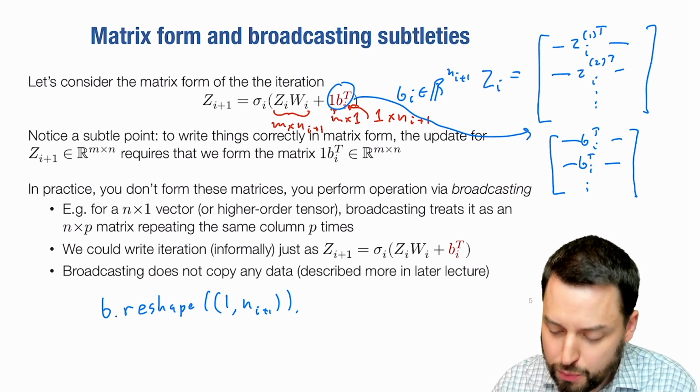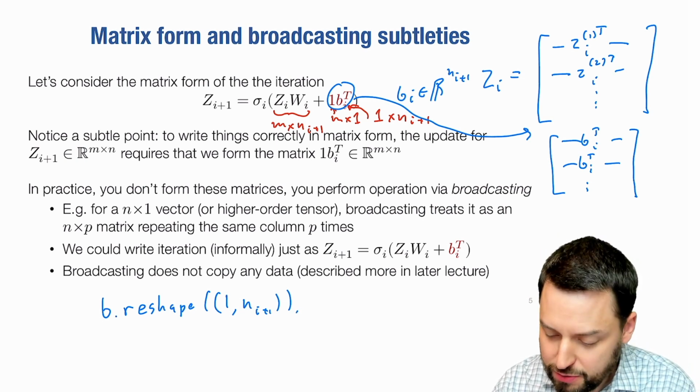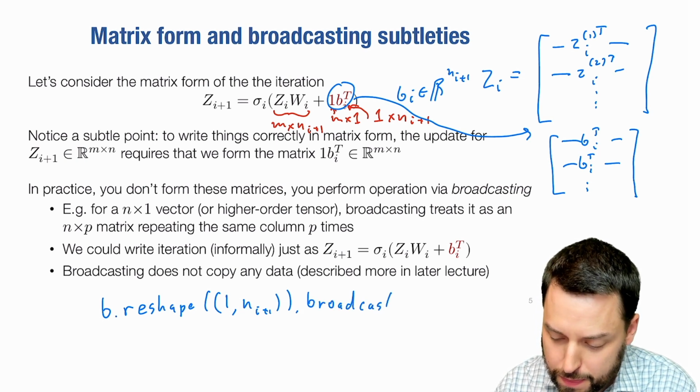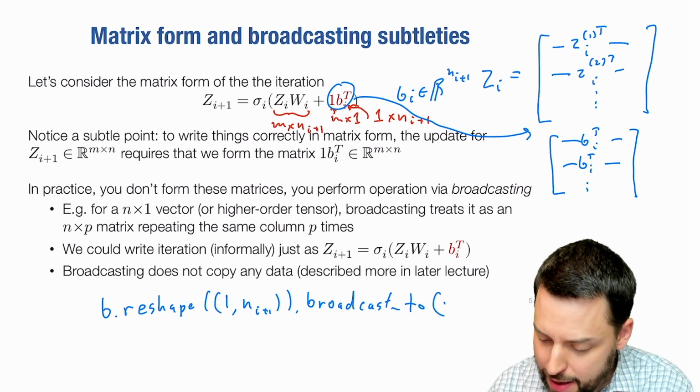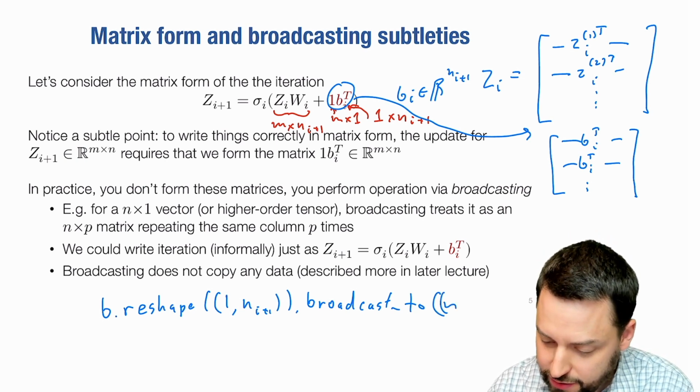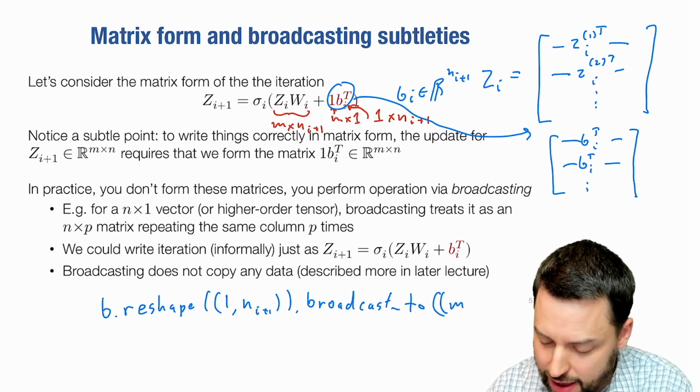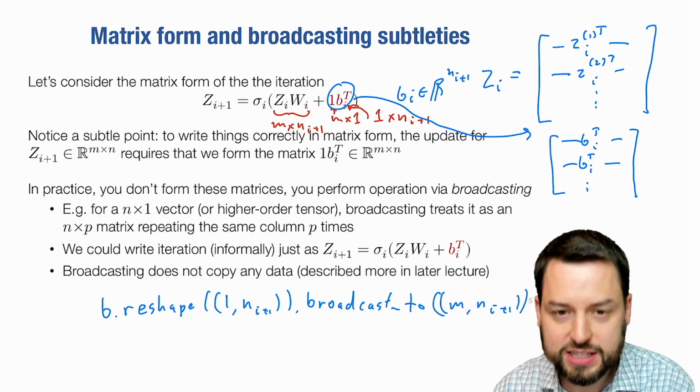And then you would need to broadcast it to some other shape. So you would have to call the function broadcast_to, with the size here being a tuple of m and n_{i+1}. And something like that, right?